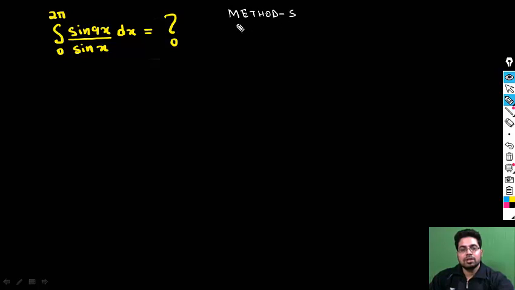This is method 5. Here this sine of 9x, using complex numbers, the sine of 9x can be written as e to the power i9x minus e to the power minus i9x.